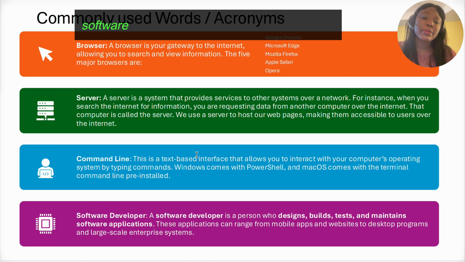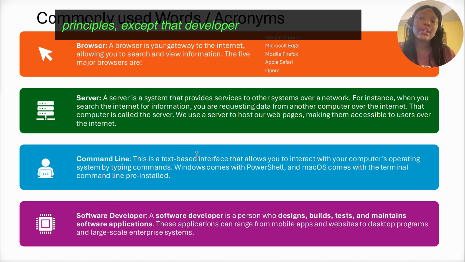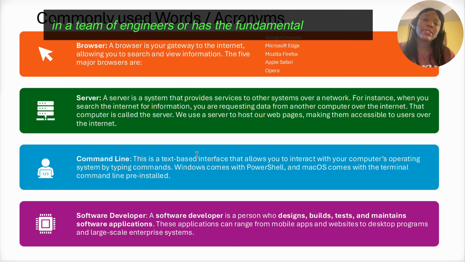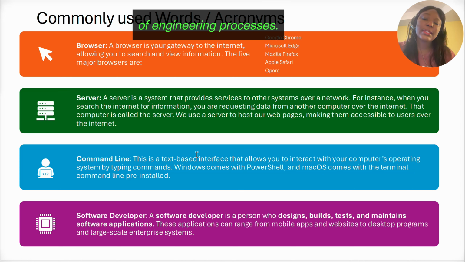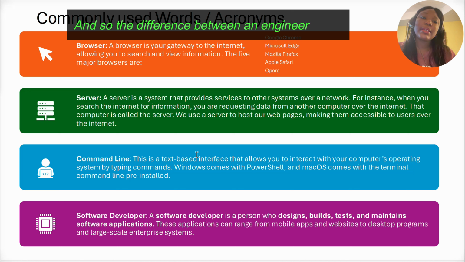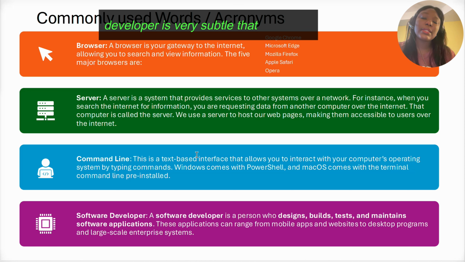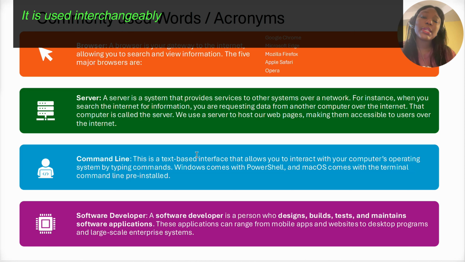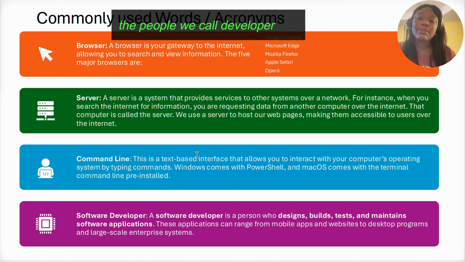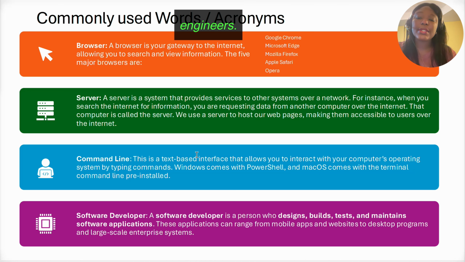The software developer doesn't naturally use these principles, except when the developer works in a team of engineers or has fundamental knowledge of engineering processes. So the difference between an engineer and a developer is very subtle, and the terms are sometimes used interchangeably. It's mostly in the mindset of the people we call developers and engineers.